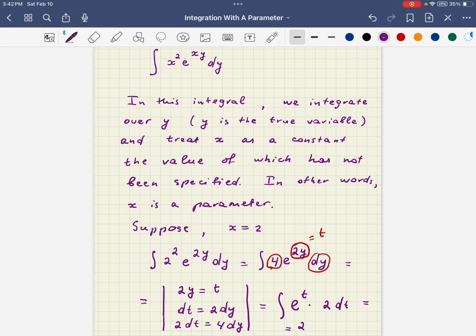So we get 2 e to the power t plus a constant, and then going back to the original variable, replacing t with 2y, we'll find 2 e to the power 2y plus a constant of integration.